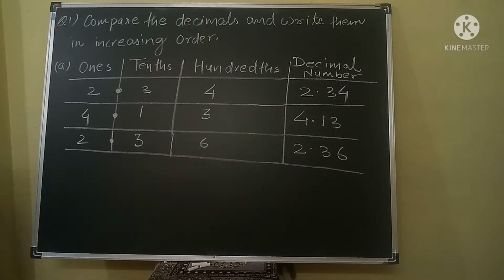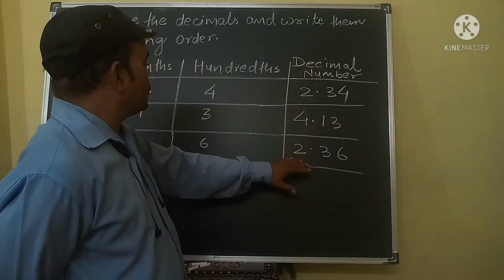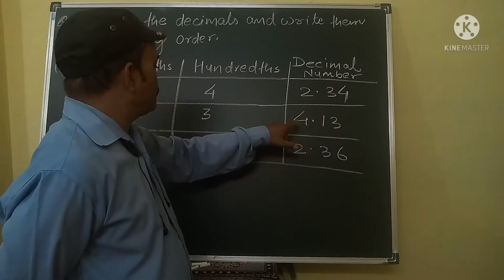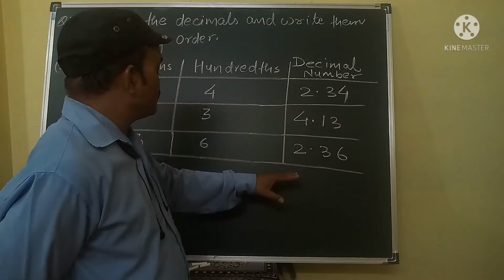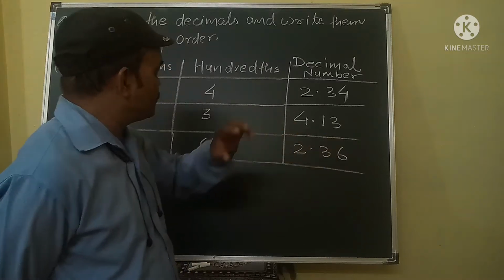Your question is: compare the decimals and write them in increasing order. My dear students, as you are looking, in these decimal numbers, this is 2.34, this is 4.13, and this is 2.36.